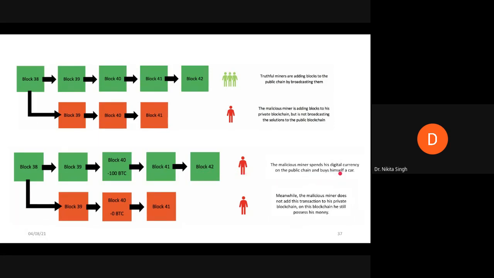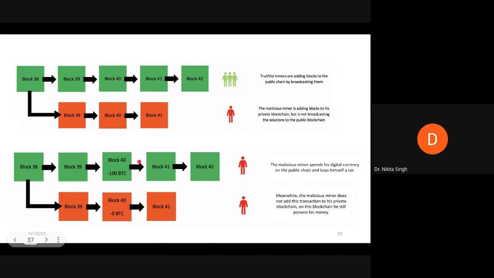Okay. So we are saying that the corrupted miner spends his digital currency on this honest blockchain, the truthful version of the blockchain, that is, this blockchain on which all the truthful miners are working, and he spends this currency to buy a car.